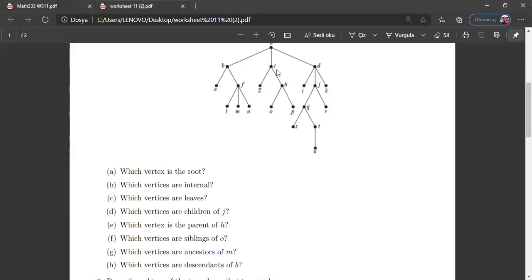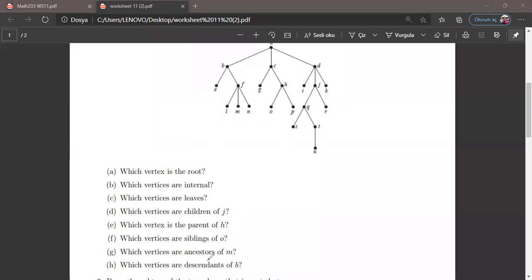Here, C, the parent of C. So the sibling of O is P, as I said before, because they have the same parent H. Okay. And for example, these are siblings too because they have the same parent. Okay.